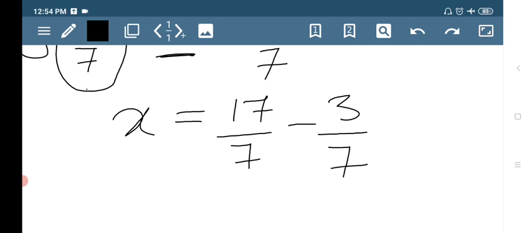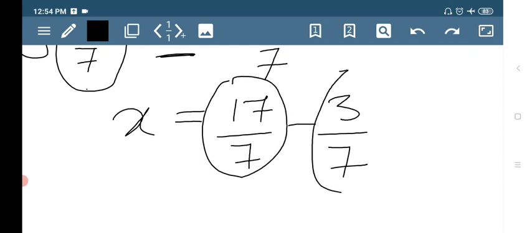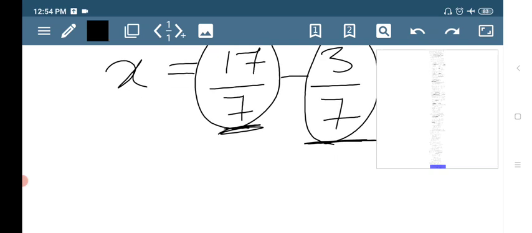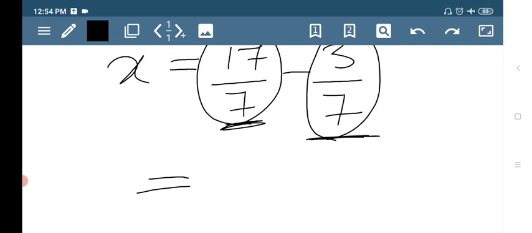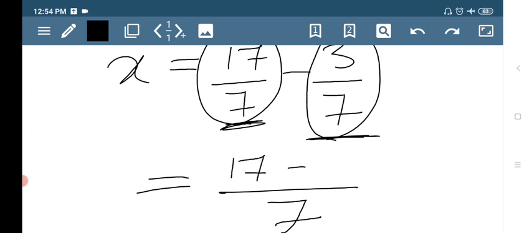Dear students, now we have to do the subtraction. While doing the subtraction of fractions, we have to know whether the denominators are the same or not. If the denominators are the same, there is no question of worrying. Just put the denominator 7 and 17 minus 3.